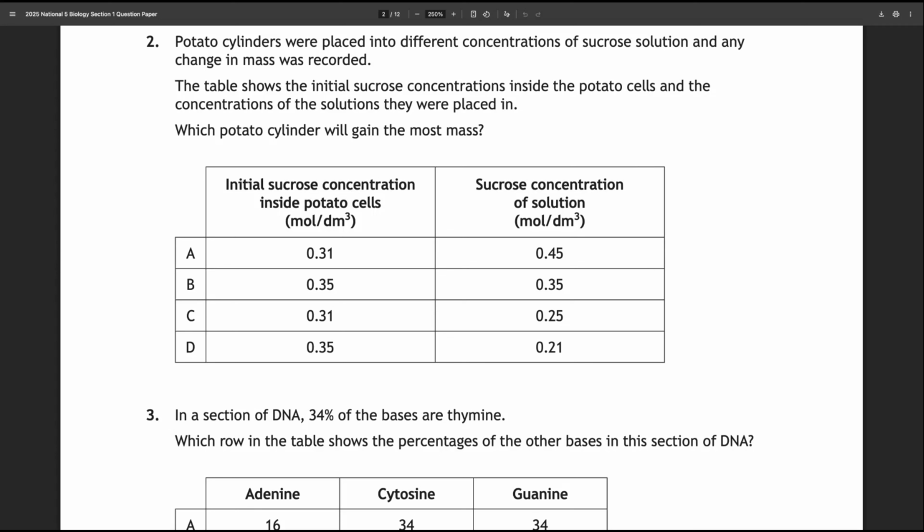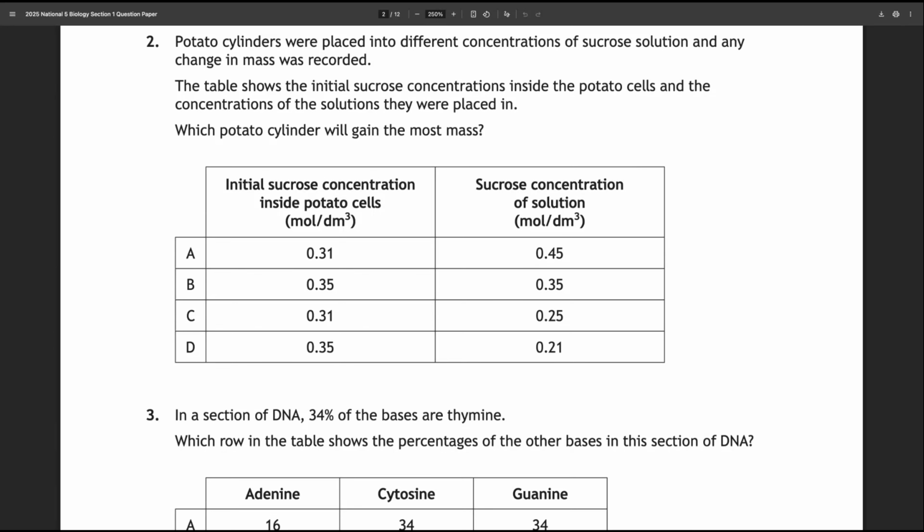But the question asks us which potato cylinder will gain the most mass. So if we look at D, we're going to have 0.35 inside, which is 99.65 water, and we're going to have 0.21 outside of the cell, and that's going to be 99.79.